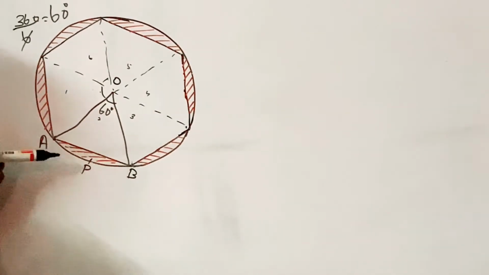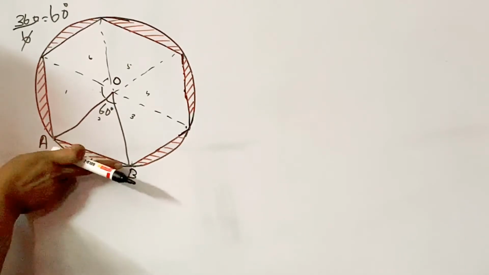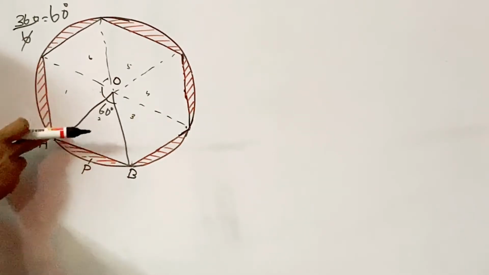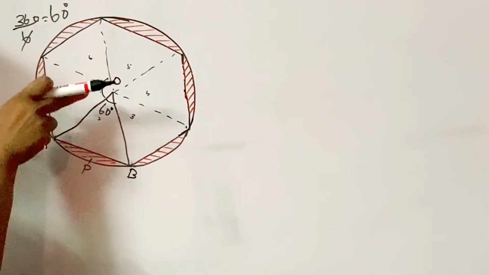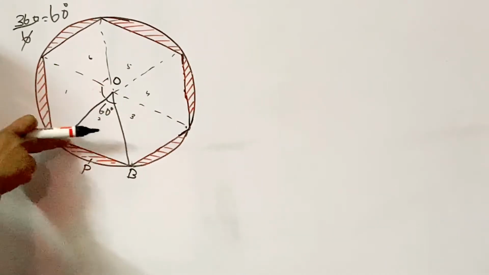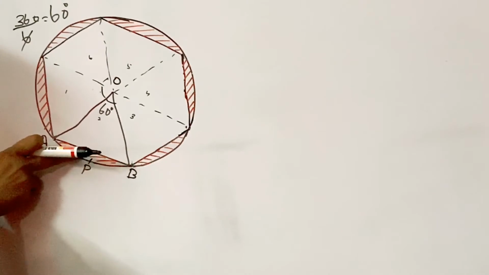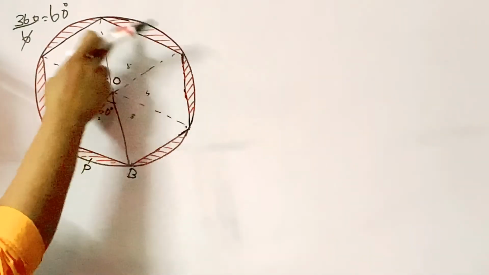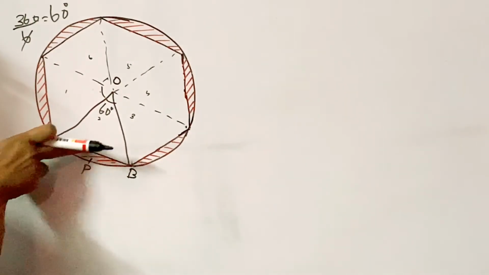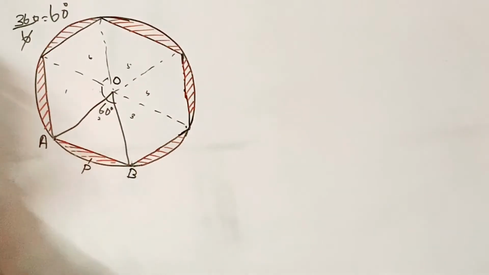So area of the segment APB is equal to area of the sector OAPB minus area of equilateral triangle OAB. Find out this area first. Then how many such designs are here? 6 such designs. After getting this area, you multiply that by 6. Then you will get the area of the design in the table cover.